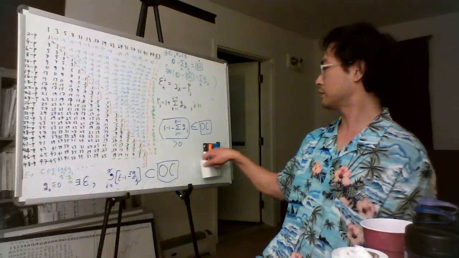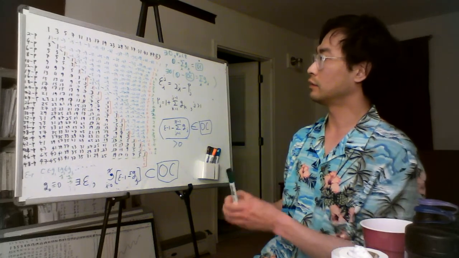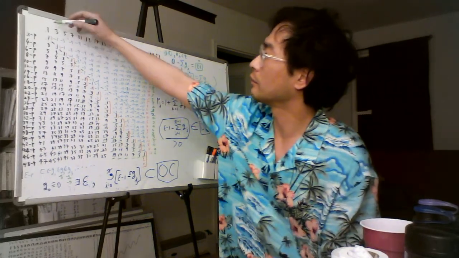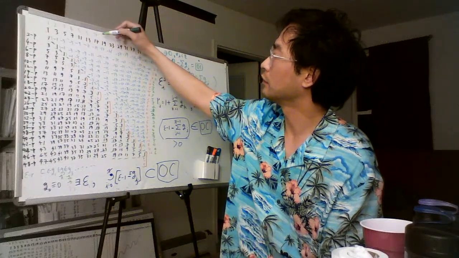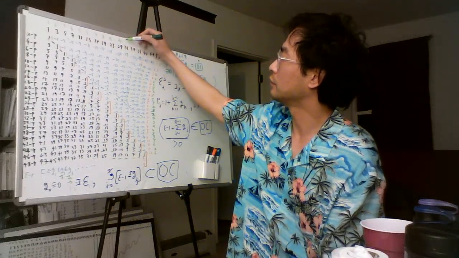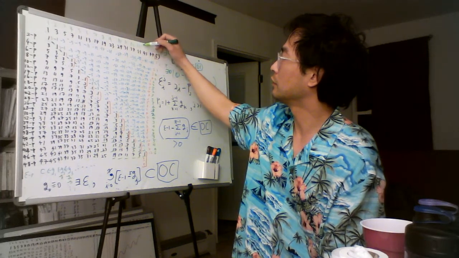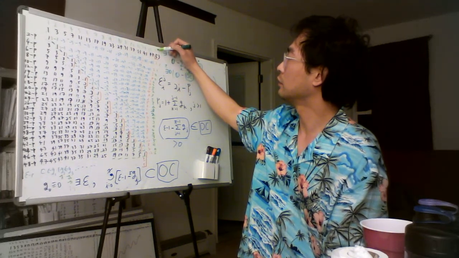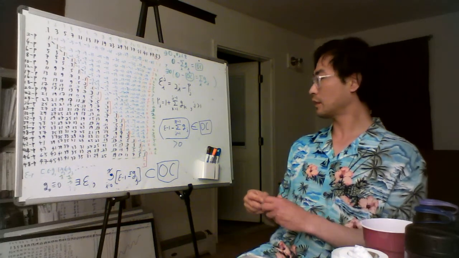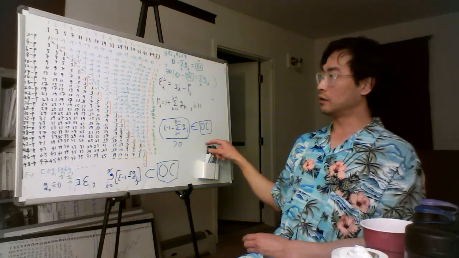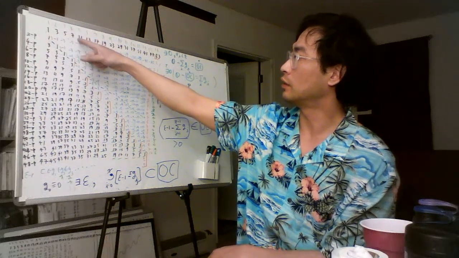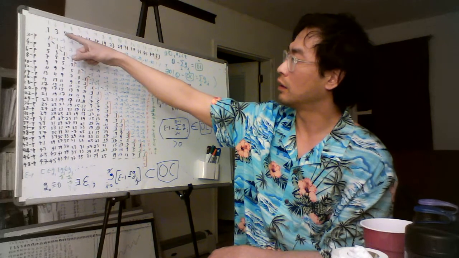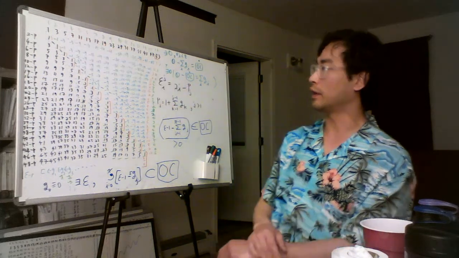Let's give it some index to help us. So the first prime gap is 2, 2, 2, and then the fourth prime gap is 4.